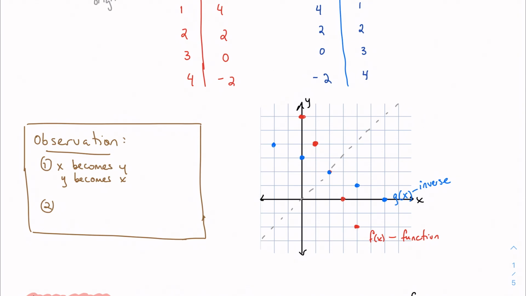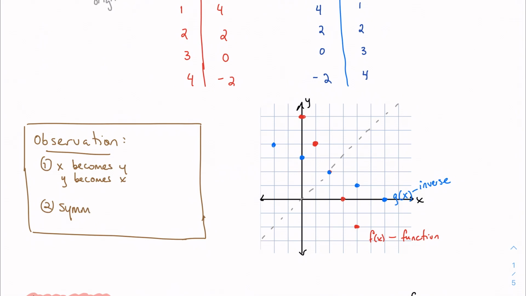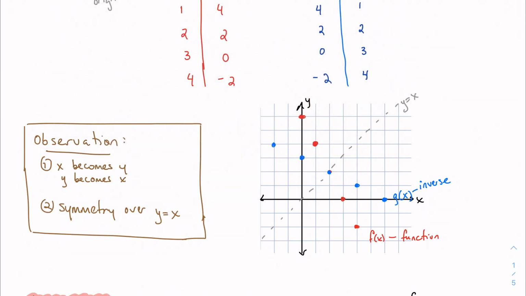There's a symmetry here over the line y equals x. That's what this is right here, the line y equals x.